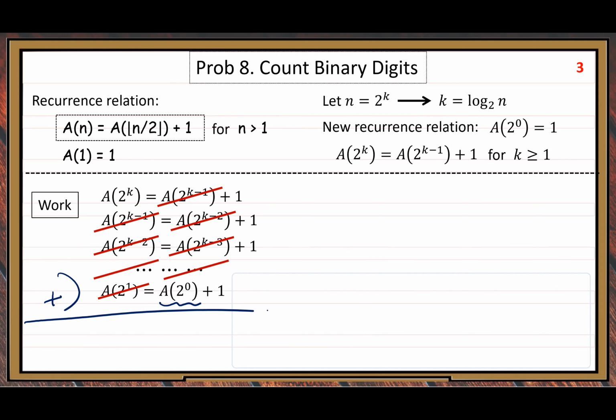What is A of 2 to the kth power? To do that, we need to count the number of equations. How many lines do we have? So here's the question. Here is a place to do the counting. Here, I'd like to show you a simple counting technique.